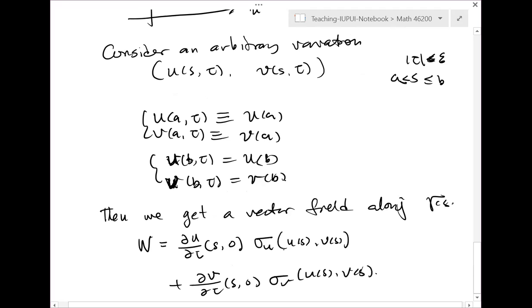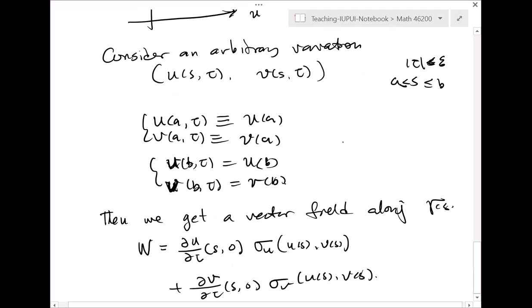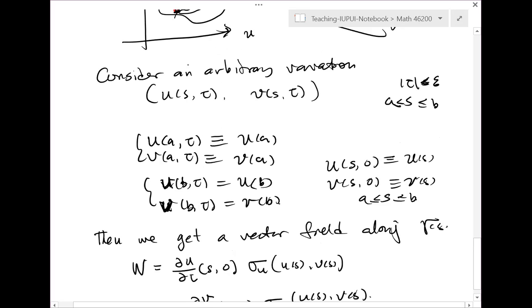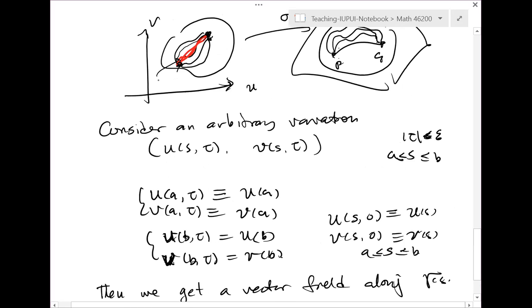By the way, when I say it's a variation, that means u(s, 0) is identical to u(s), and v(s, 0) is identical to v(s). So when tau is 0, it coincides with the original curve, where s is between a and b. The red curve is when tau is 0.